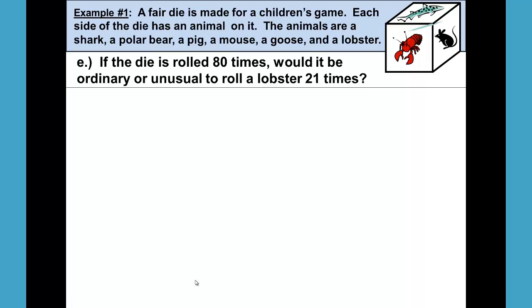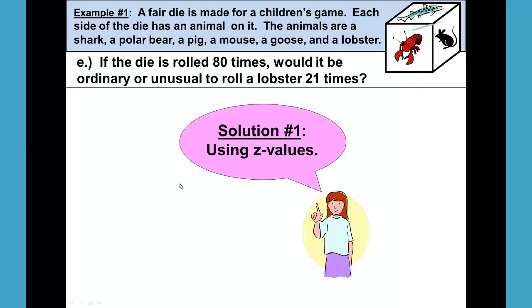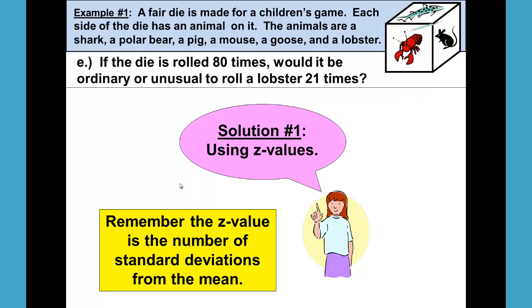If the die is rolled 80 times, would it be ordinary or unusual to roll a lobster 21 times? Ms. Borlaug used two different solutions here, and solution one is using the z-values. Remember, the z-value is the number of standard deviations from the mean.